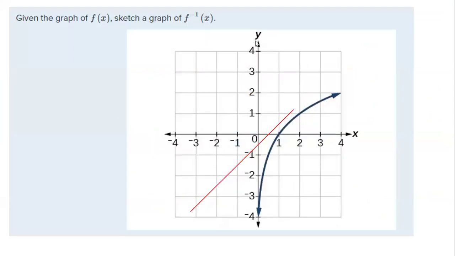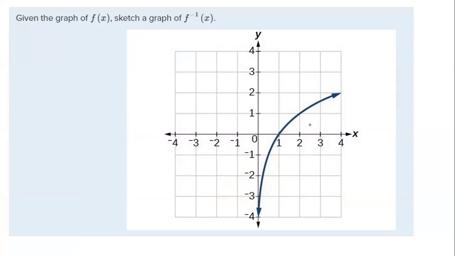I have another one. The first thing we do, I want you to identify the points we can use for the inverse. So you put in the chat which points you are noticing from that curve. Any points that you can read off.